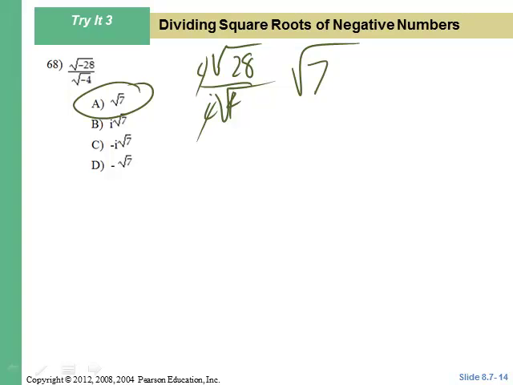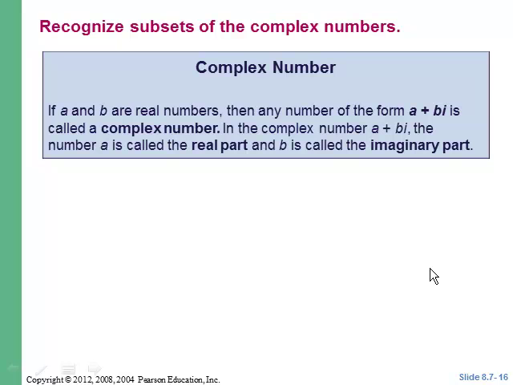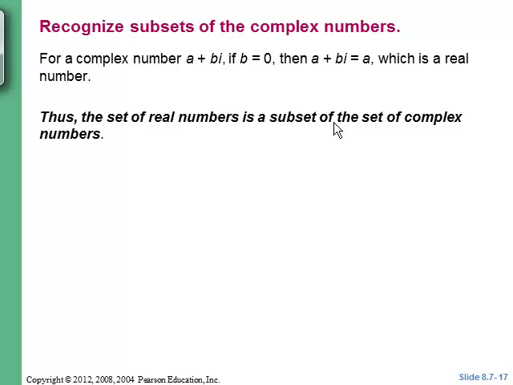Okay, so complex numbers are going to have different subsets. If A and B are real numbers, then if we have the A part, which is the real part of the number, and the imaginary part, that makes a complex number.